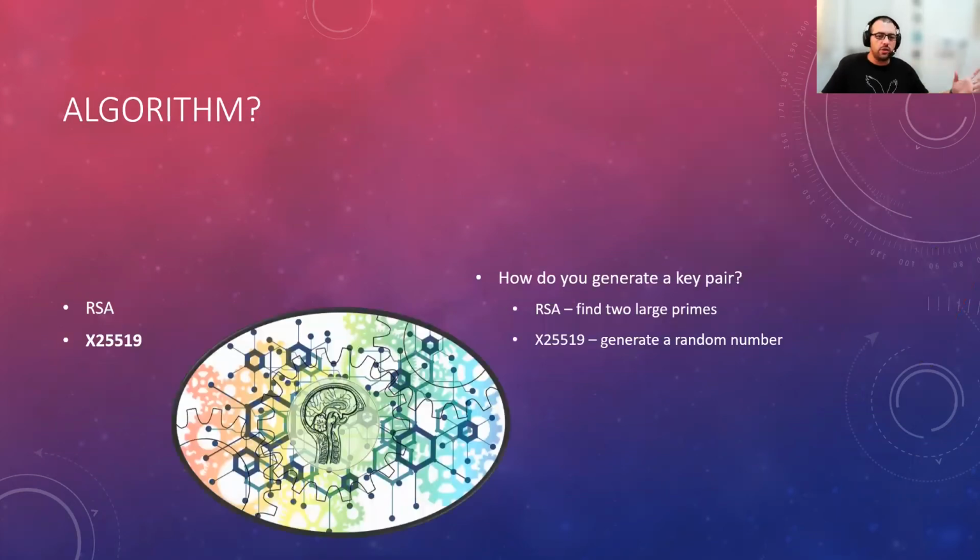For public key security, there are two common algorithms, RSA and X25519. RSA is based on number factorization. So you start by finding two large primes, you multiply them together, and then you have your public key, and it's really hard to go the other way around.